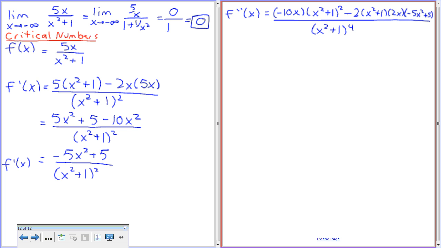Okay, let's do some common factors. That's going to be negative 10, negative 10x, and x squared plus 1.